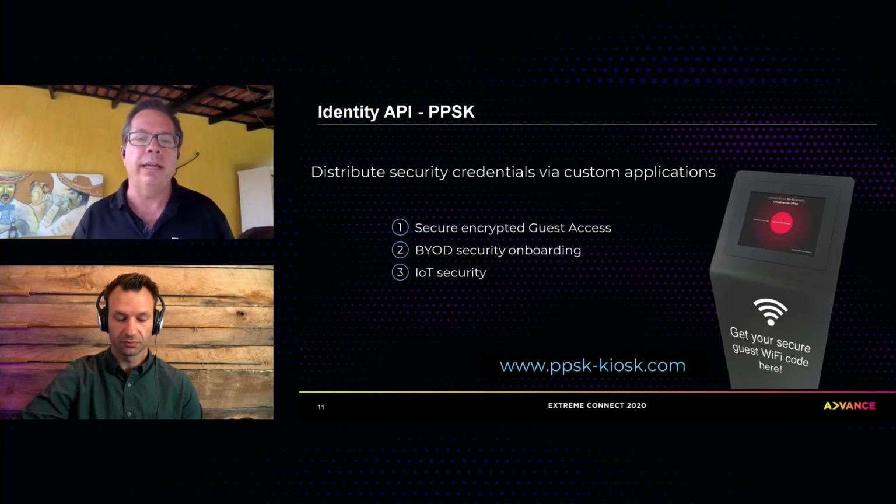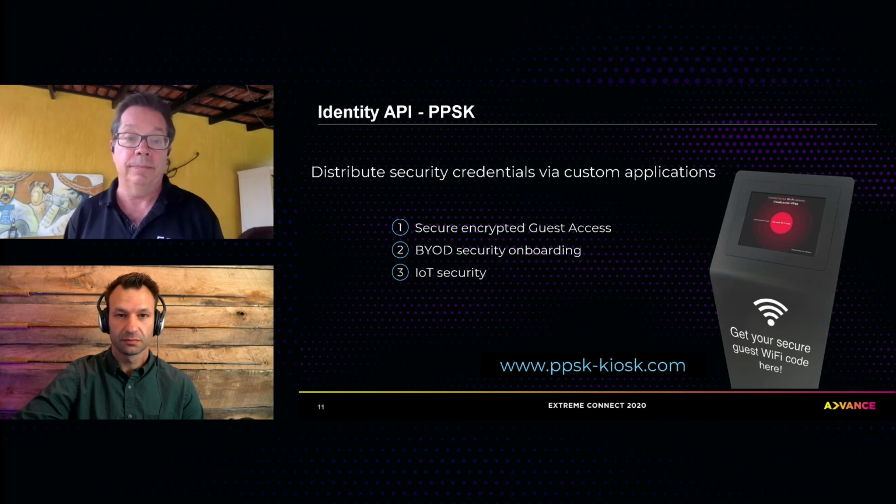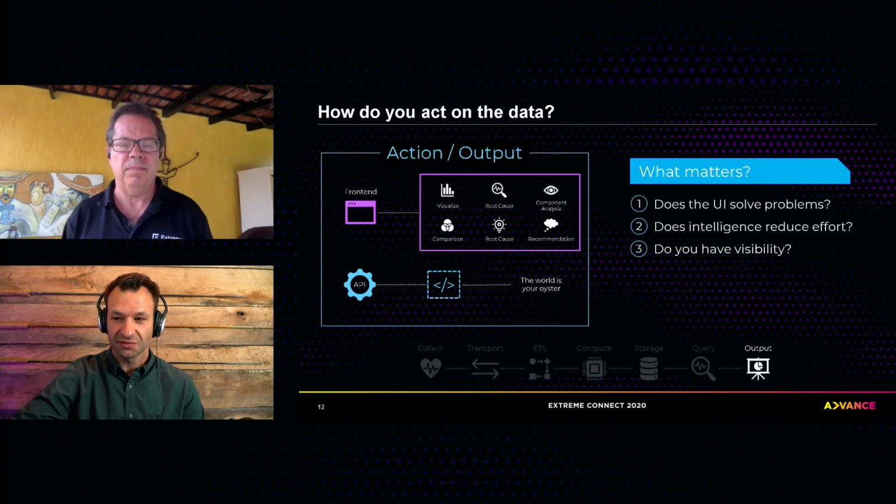You can provide unique authentication credentials with private pre-shared key. Once again, this can be done through our Identity API, and a lot of our customers and partners are already taking advantage of this, including this PPSK kiosk application that you see right here. Yeah, it's good stuff. PPSK solves so many different problems.